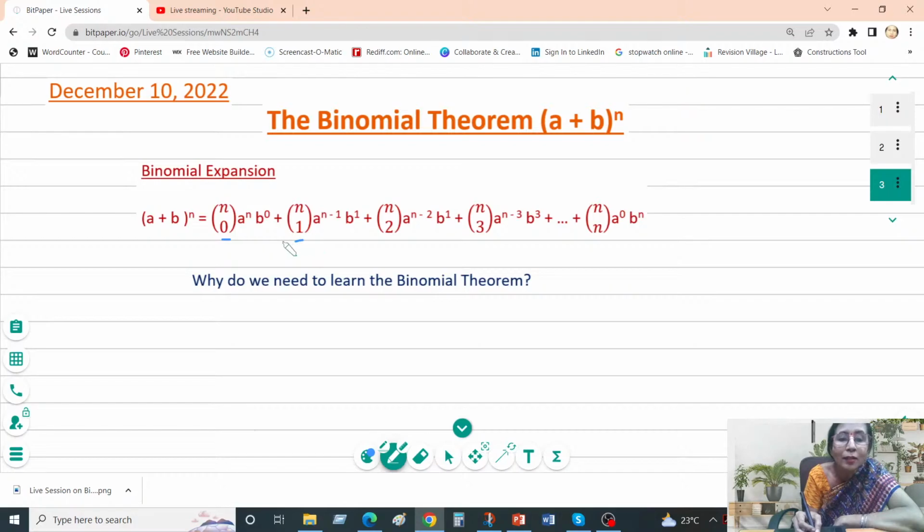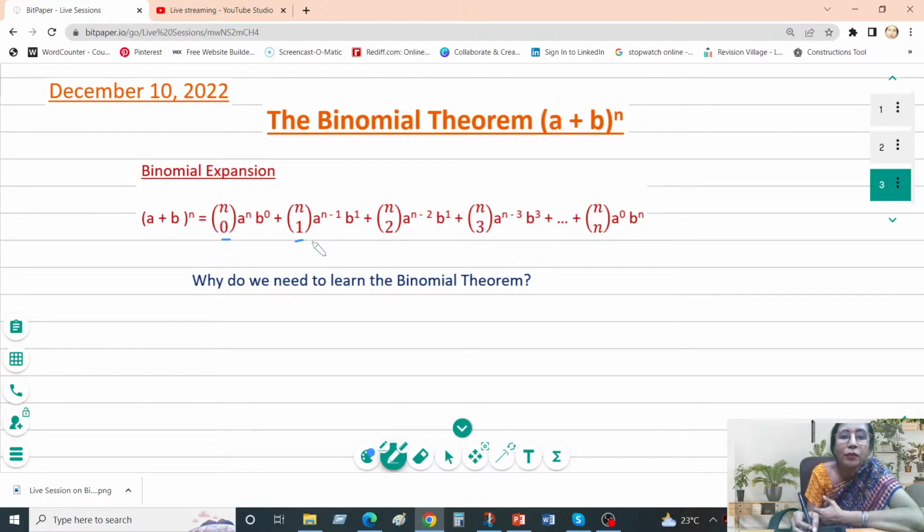We have seen both of them. We have seen the powers of a, the first term of the binomial, go on decreasing, starting with the same power as n, and the power of the second term goes on increasing in steps of 1.